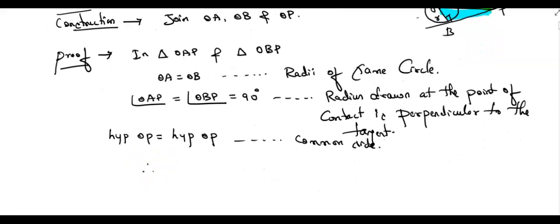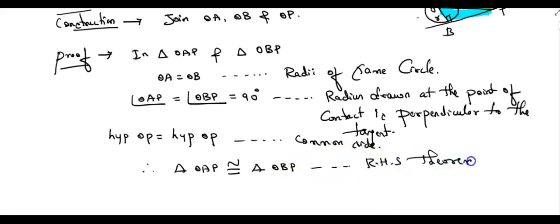Now we can conclude that therefore triangle OAP is congruent to triangle OBP. Reason? RHS theorem. This theorem is called the RHS theorem. Now we can say that PA is equal to PB.